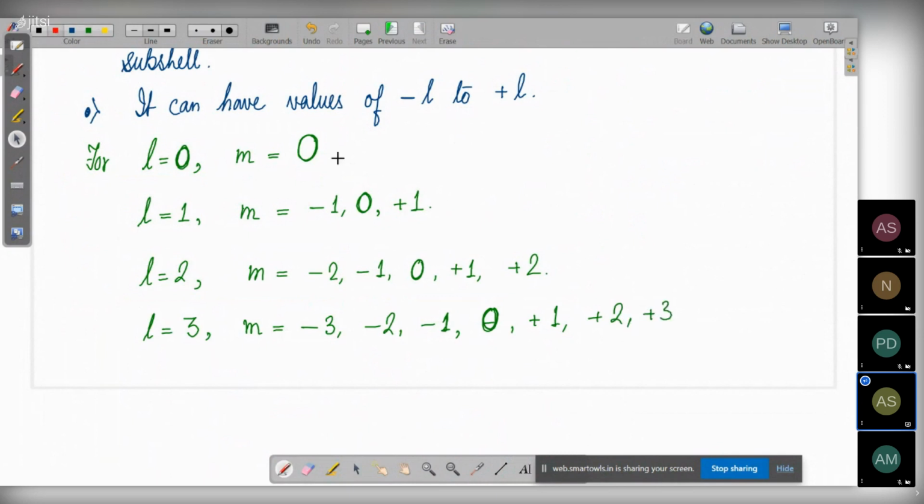So that means for l is equal to 0, only one value is possible, which means only one orbital is present. For the value of l equal to 1, we can have 3 orbitals.